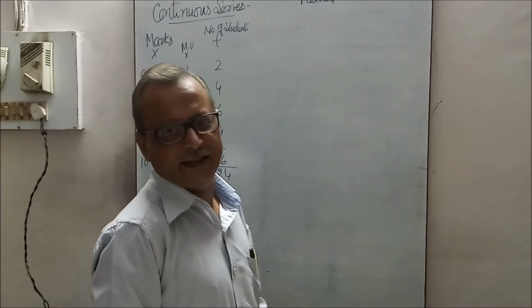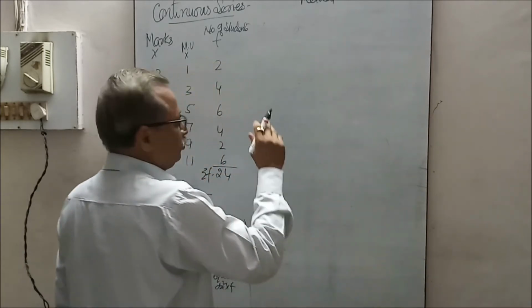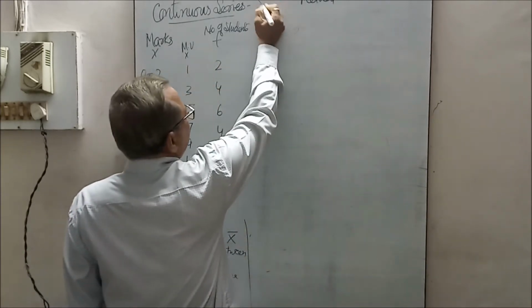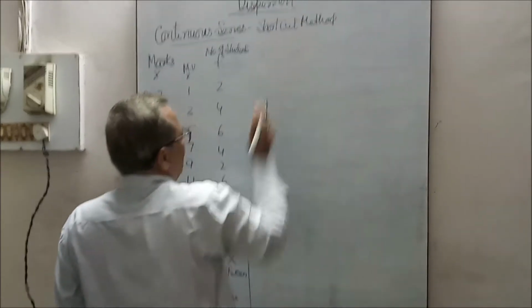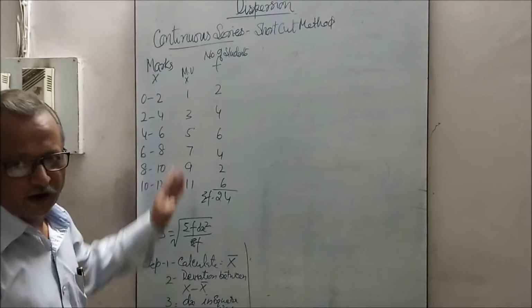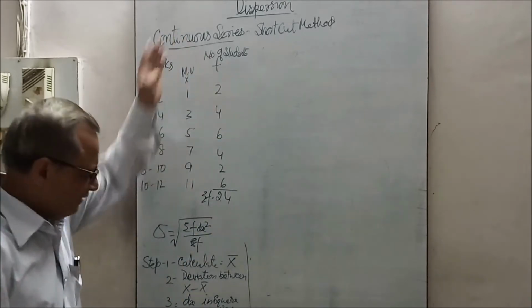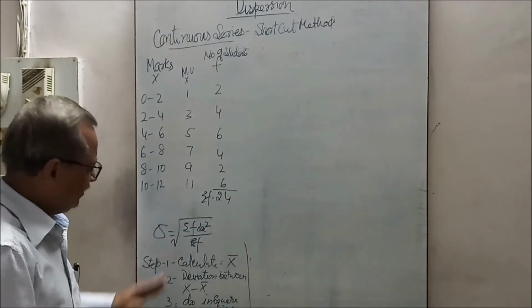If the values are given in points or with 2 digits, then there is a problem in calculation. If you are not allowed a calculator, you can't do it. Now, first of all, what will you do in the shortcut method? Same question, same things are there.